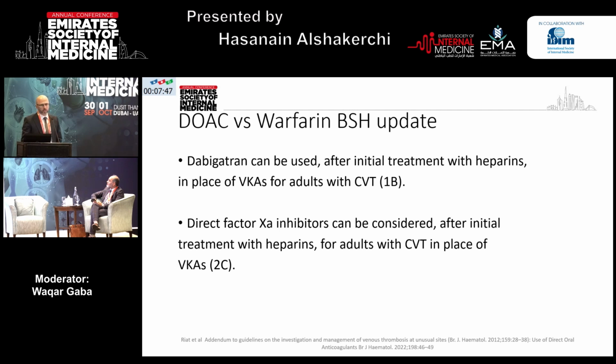A 1B recommendation, based on the study I showed earlier. They have also included that other factor Xa inhibitors can be considered after heparin for adults with CVT in place of warfarin. That's a 2C recommendation, which is a weak recommendation.